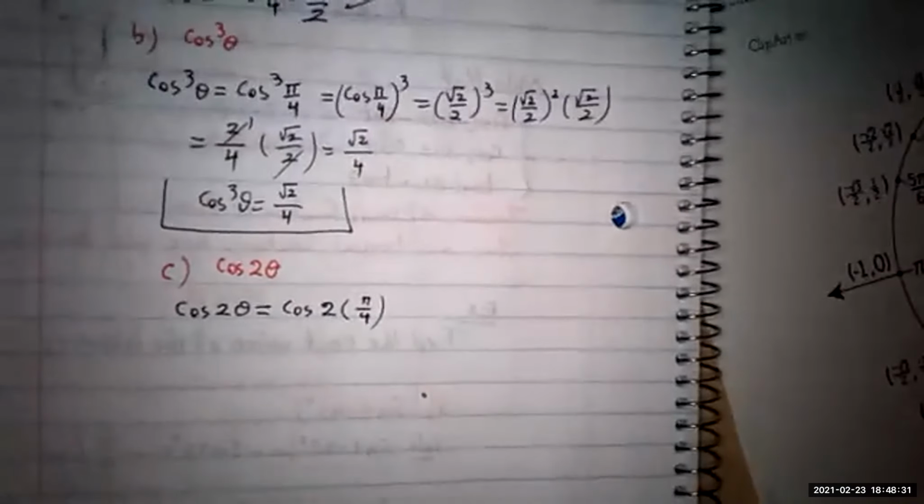No calculator, but the table is fine. So it's going to be negative radical 2 over 2, all squared. Now the negative squared would be positive, radical 2 squared would be 2, and 2 squared would be 4. So the result is 1/2. So cosine squared of 5 theta is equal to 1/2, and we are done.